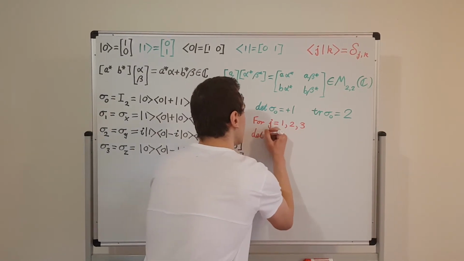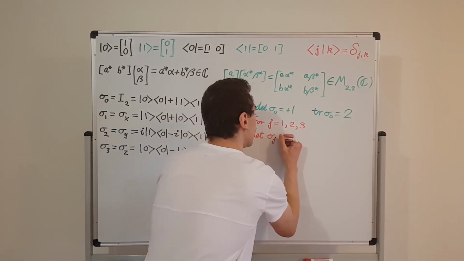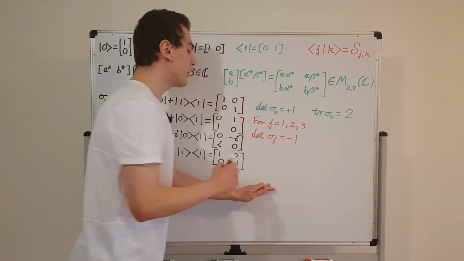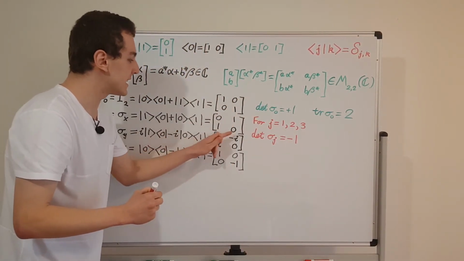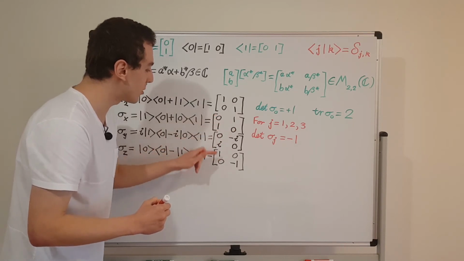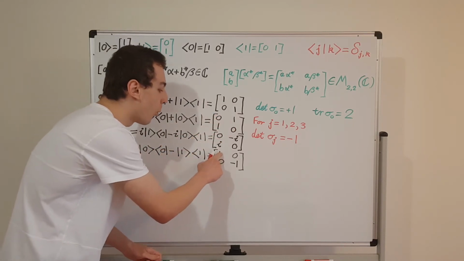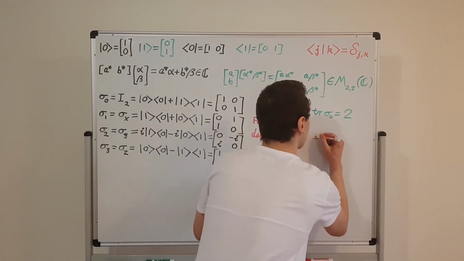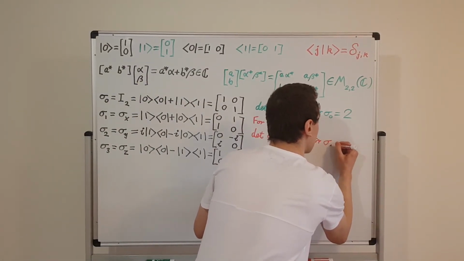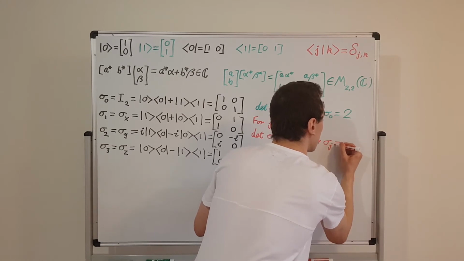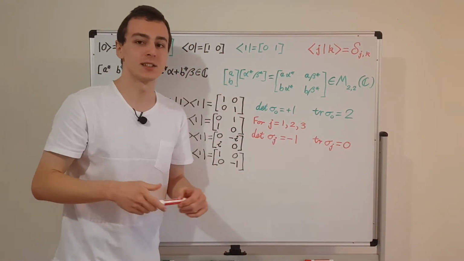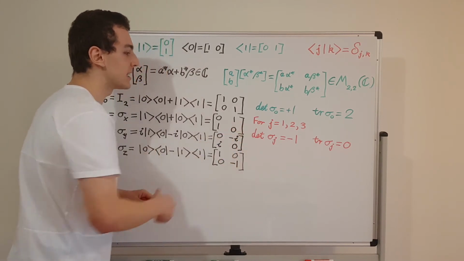So the determinant of sigma j is equal to minus 1. What about the trace? The trace is equal to 0 over here. We have 0 plus 0, 0 plus 0. And over here we have 1 minus 1, which is also 0. So the trace of sigma j is equal to 0. And another name for that is traceless. So these three matrices are traceless.